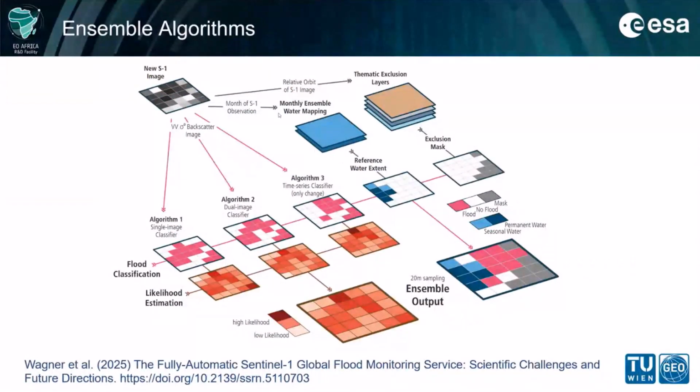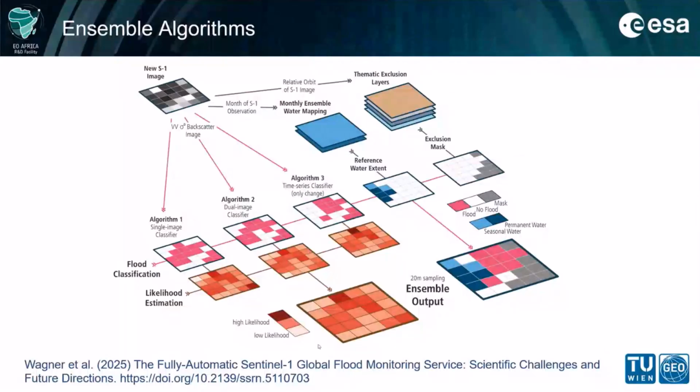In order now to fuse the outcome of the different algorithms from DLR, LIST, and TRVN, we use what we call an ensemble algorithm. So we have the incoming Sentinel-1 image. We apply algorithm 1, algorithm 2, algorithm 3. We get both a flood classification and a likelihood estimation.